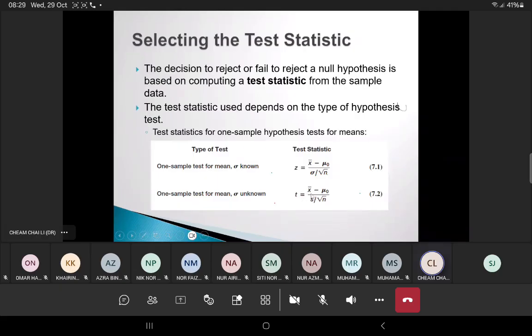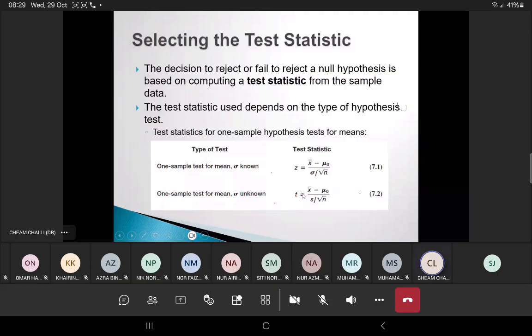So you look at the components in the T test statistic. For the numerator, you have X bar, the average of the sample, and then minus the null hypothesis value, and then divide by the standard deviation, and divide again with the square root of n. So yang ni lah benda yang kita nak cari.